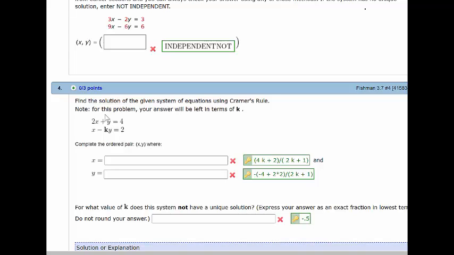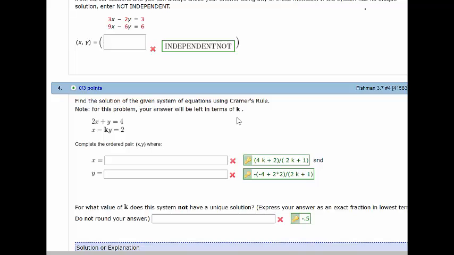Replace your 1, negative k by 4, 2. That will be Ay. Then X equals determinant Ax over determinant A, and Y equals determinant Ay over determinant A, right? So that gives me the solution x, y in terms of k. Those will be like this.